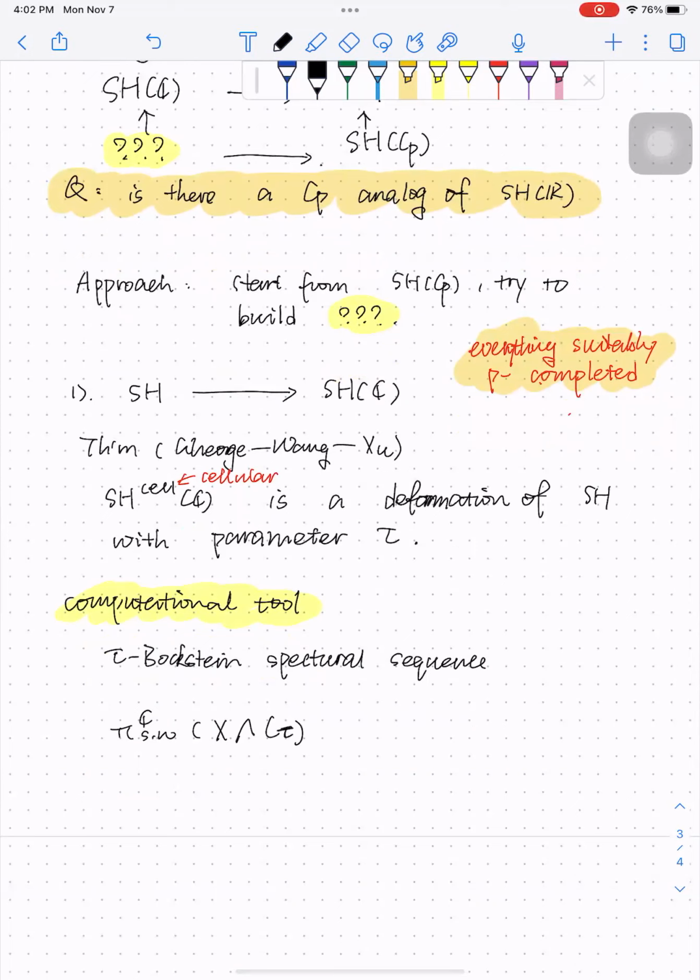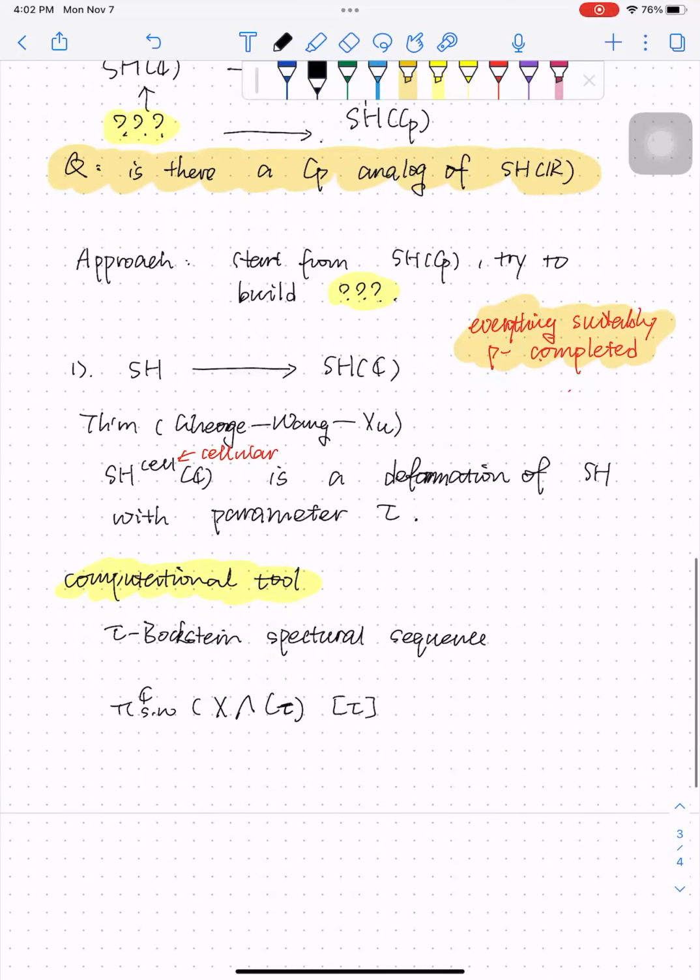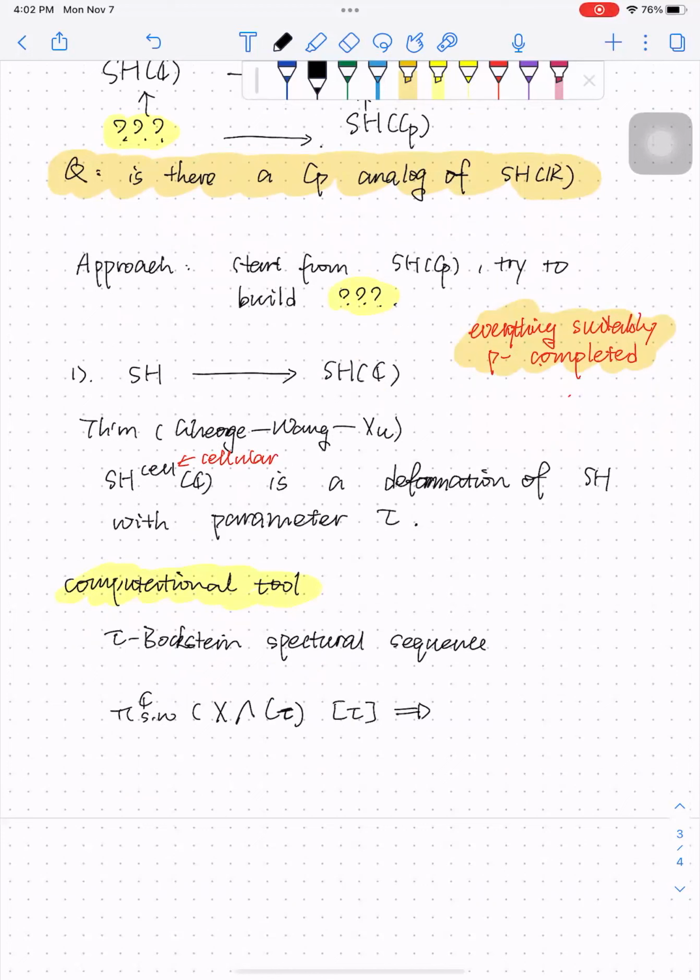When you smash with C tau, you kill the element tau. The E1 page is that adjoin the polynomial generator tau, and this converges to the C-motivic homotopy groups of X. And right, this is the cofiber of tau.